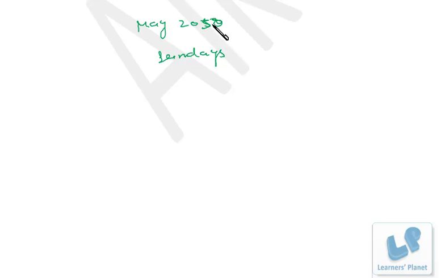So first of all, we can calculate the day of 1st May 2050. So 2050 means 49 completed years, divide by 4, 12 leap years and 37 ordinary years.